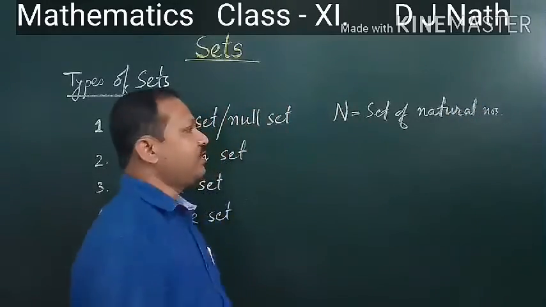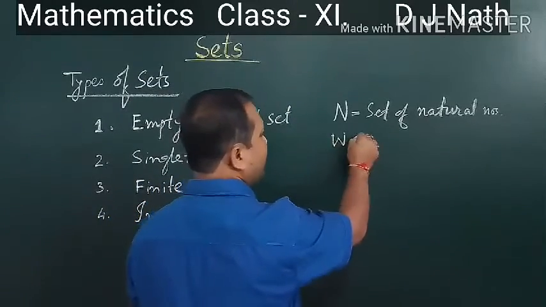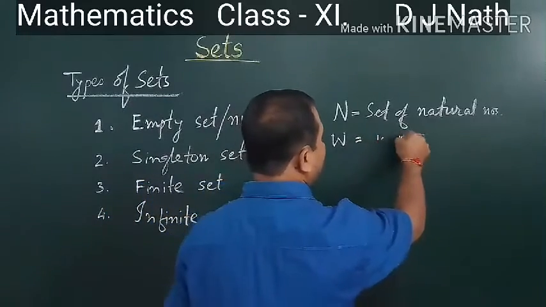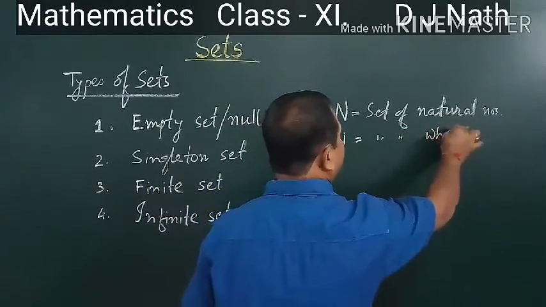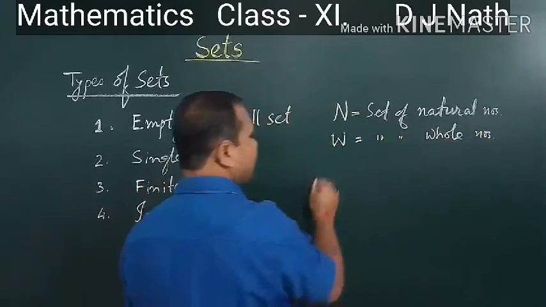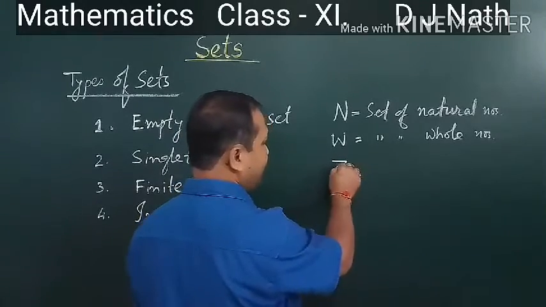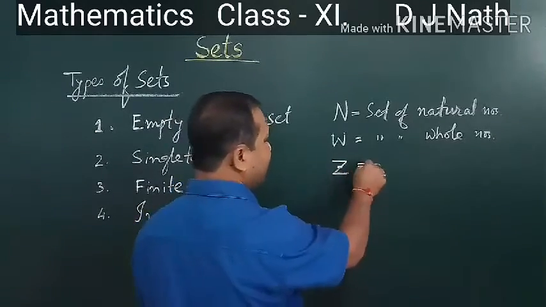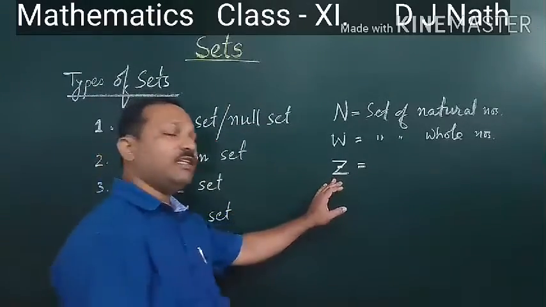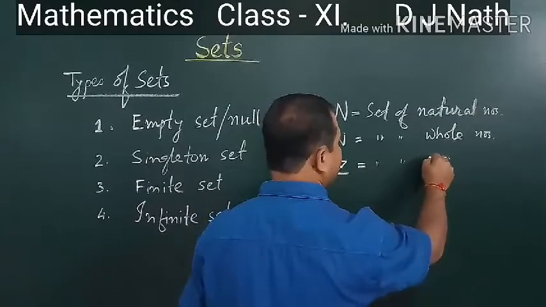If I represent with W, what will that be? Set of whole numbers. If I represent with capital Z, this is called the set of integers.